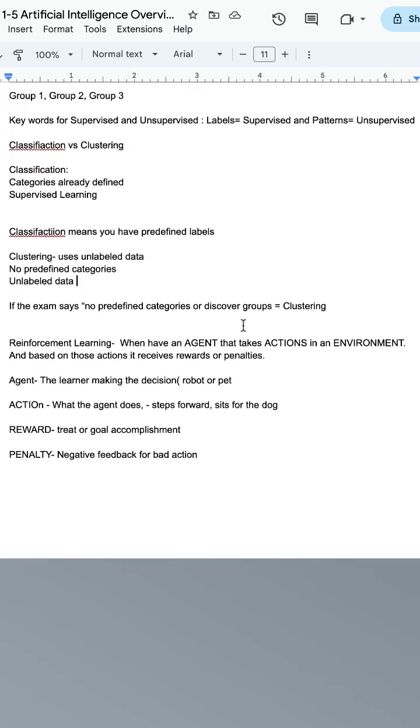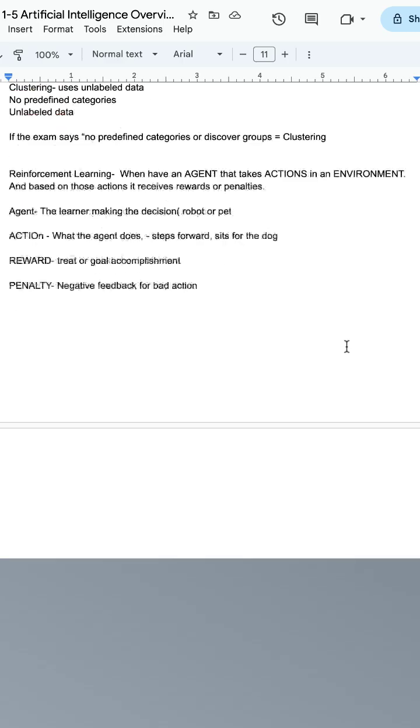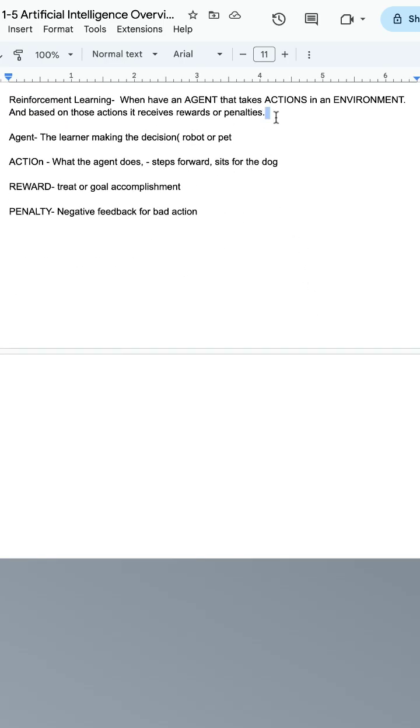Now, let's move forward into reinforcement learning. Reinforcement learning is when you have an agent that takes action in an environment to achieve a certain goal. It is very reward or penalty driven.